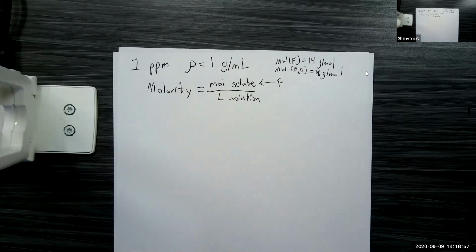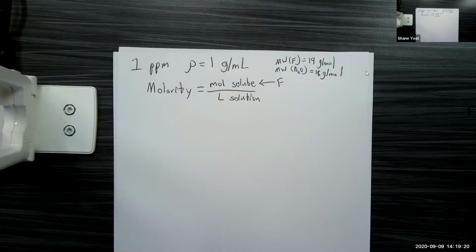To make my life easier, I need to assume some amount of solution, or solute, or solvent. Otherwise, you could solve the problem without doing that, but it's a lot more tricky, and it's a lot easier if we just assume some total amount.